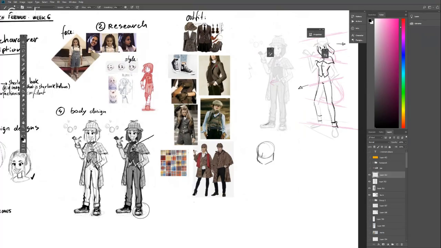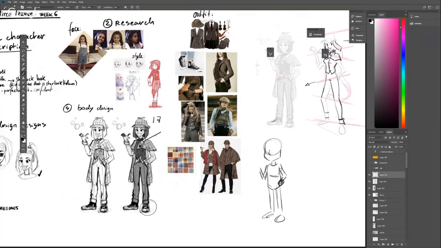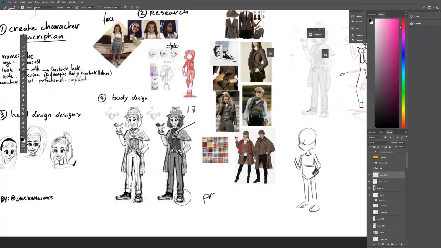So maybe then she would look a bit more building-like. So then probably she would maybe have something more like this. So think of the proportions. Here she looks more like maybe 17 or something. So think of the proportions.